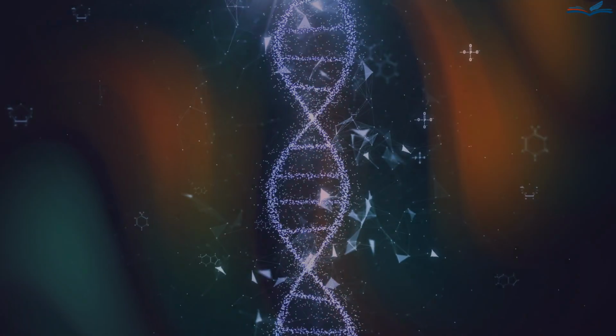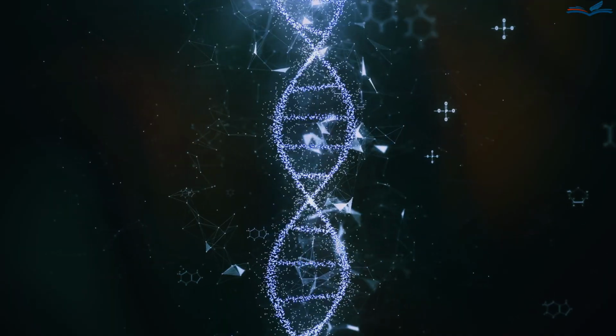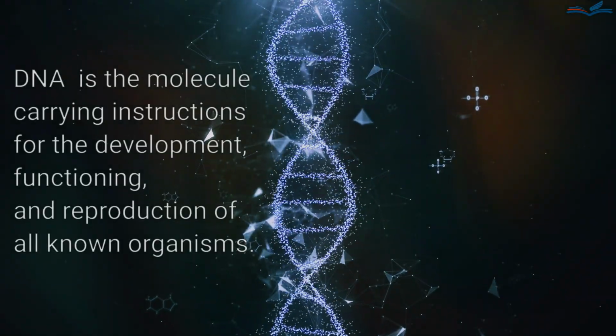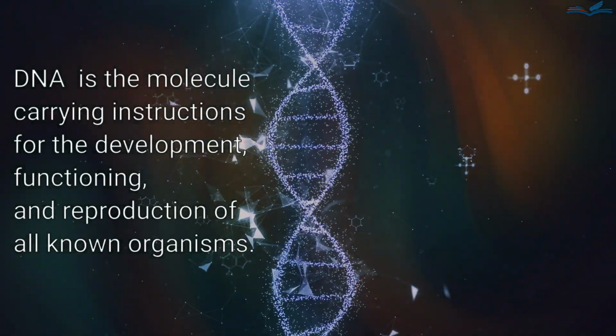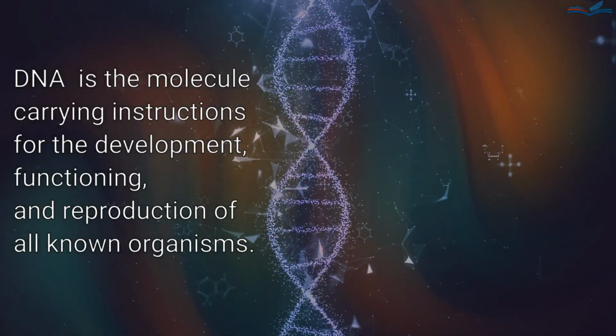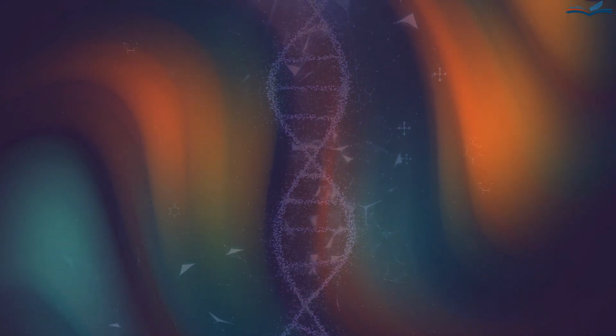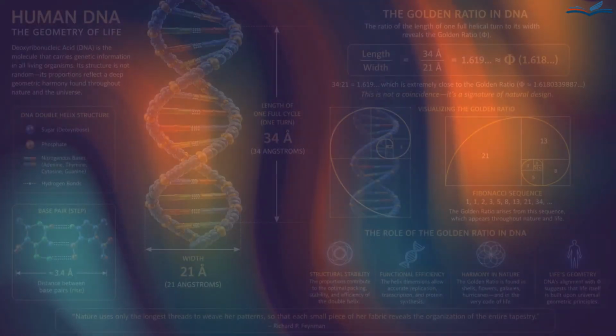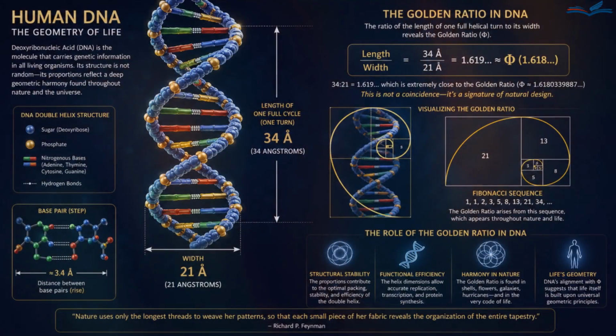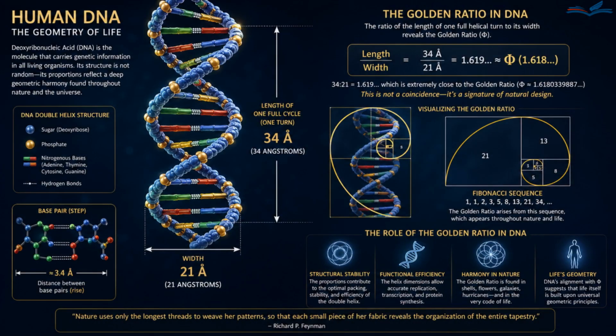At the molecular core of life lies the DNA double helix, which also reflects Fibonacci geometry. The DNA molecule measures 34 angstroms in length for every full cycle of its double helix, while the width is 21 angstroms. The ratio 34 to 21 equals approximately 1.62.